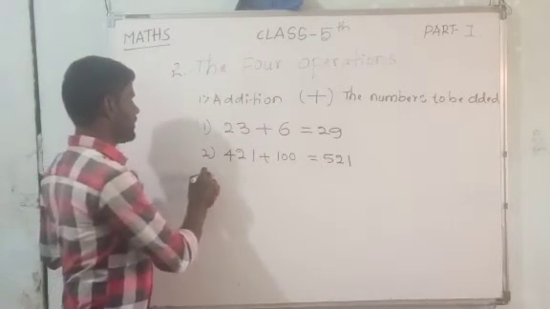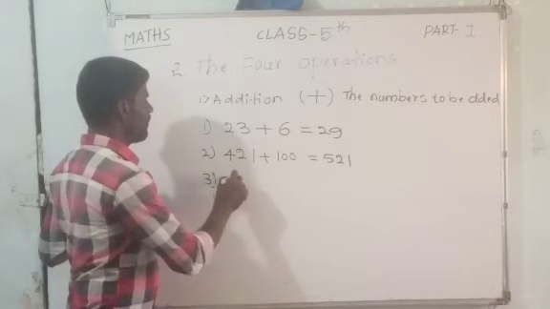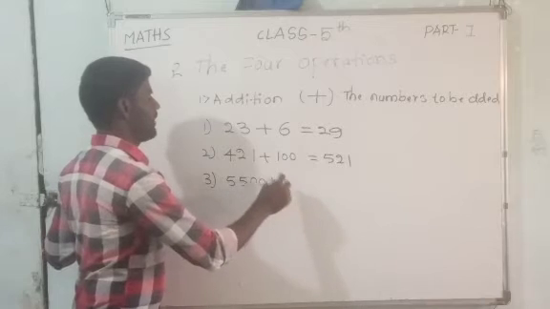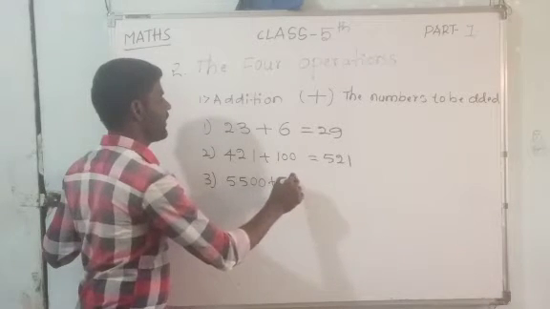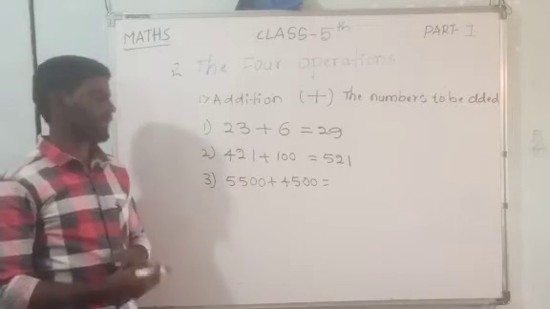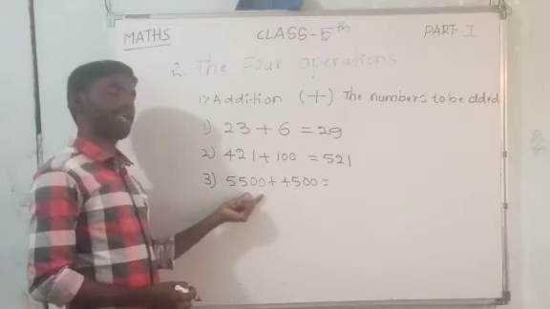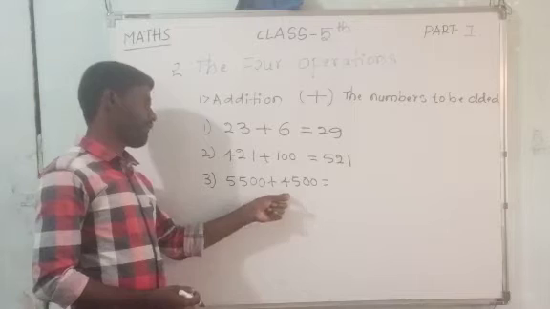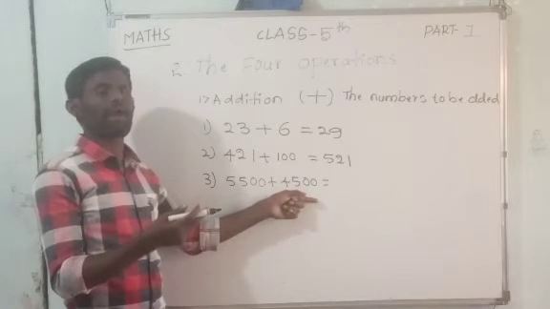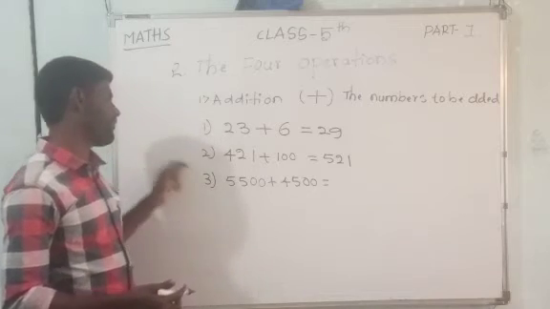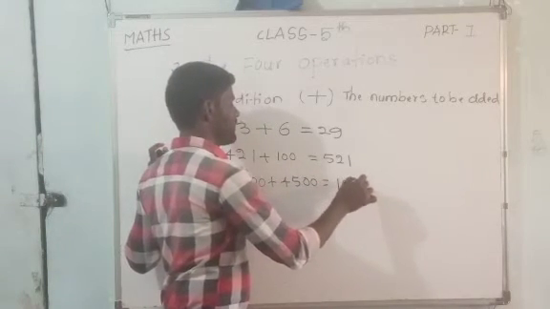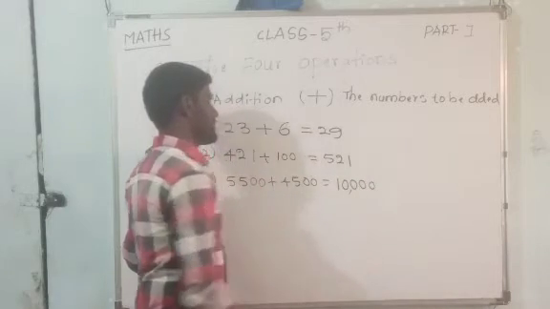Then example 3, dear children: 5500 plus 4500. Here 5500 is a 4 digit number, and 4500 is also a 4 digit number. Now we can add these 4 digit numbers, and that will be 10,000.